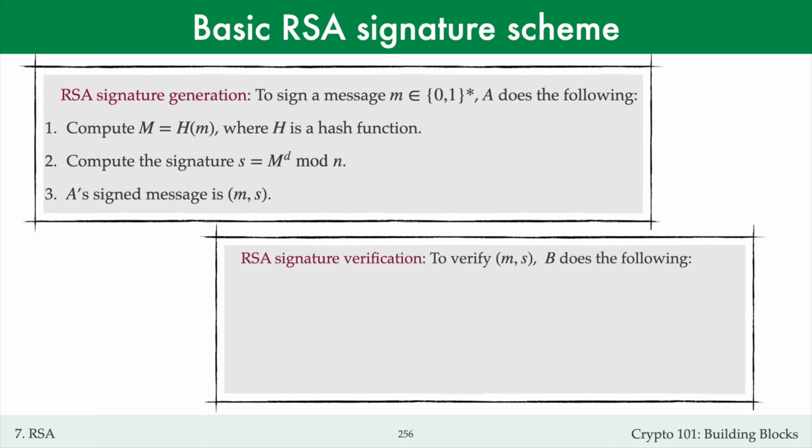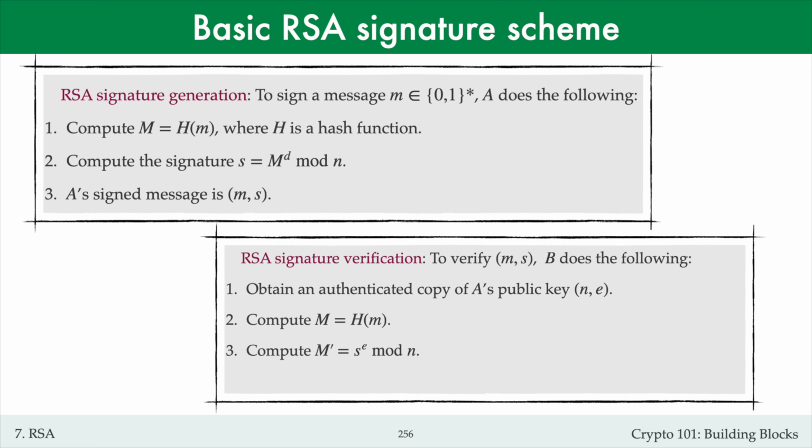To verify Alice's signed message, any user Bob can do the following. Bob first somehow obtains an authentic copy of Alice's public key (n, e). He then hashes the message m to get the hash value capital M. He raises S to the power e modulo n to get M prime. Finally, Bob accepts the signed message if and only if M equals M prime.